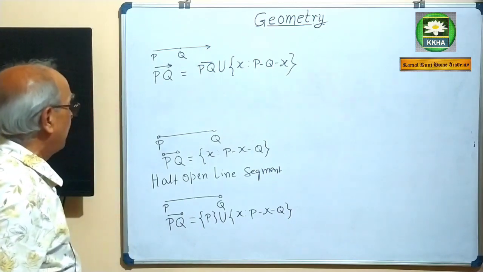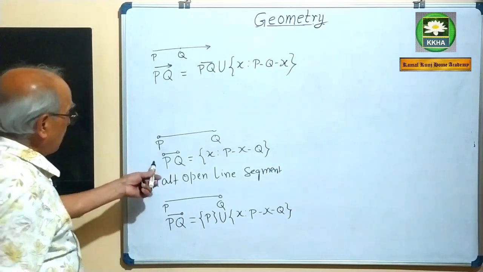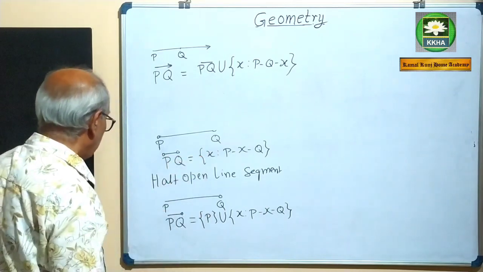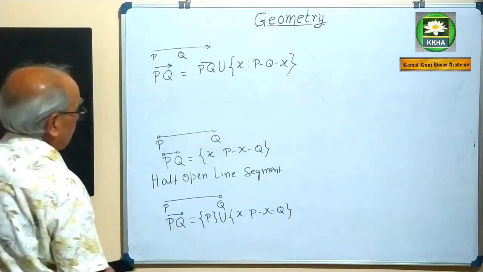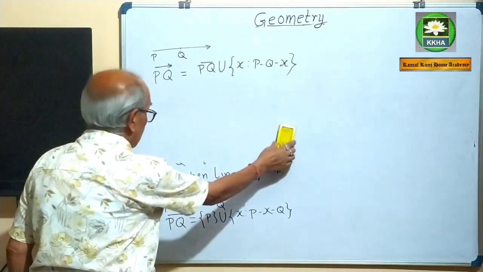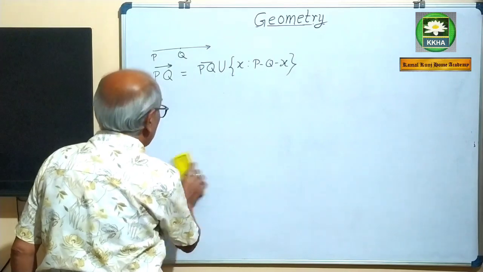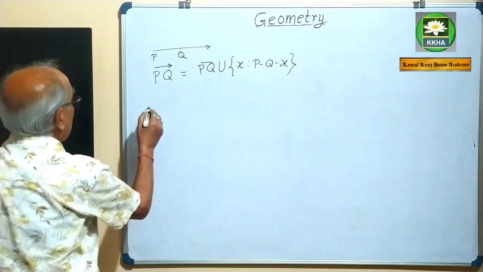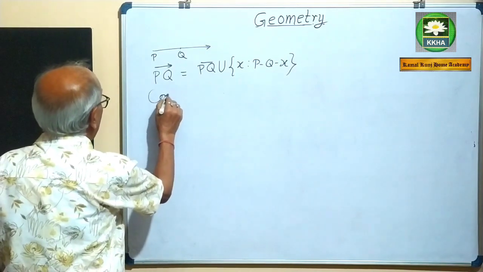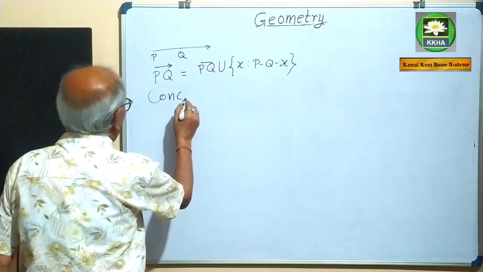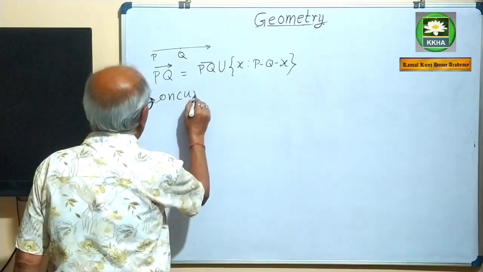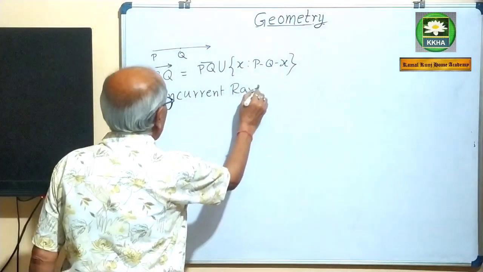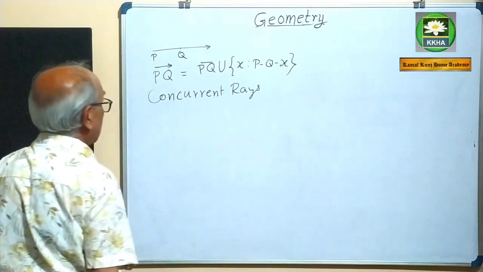This is a ray. This is an open line segment. This is a half open line segment. What are concurrent rays?